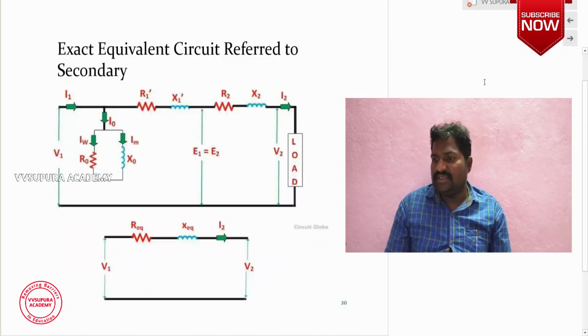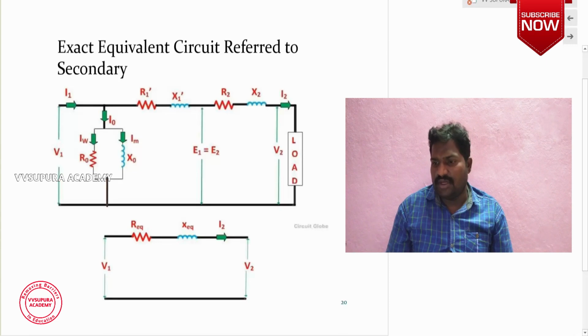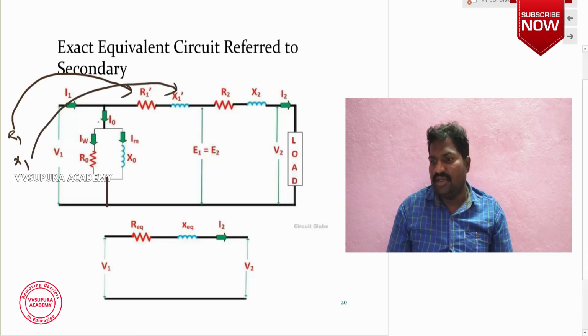This is the exact equivalent circuit referred to the secondary. Now the primary side R1 and X1 are transferred to the secondary, represented as R1 dash, and this value will be R1 multiplied by k square.